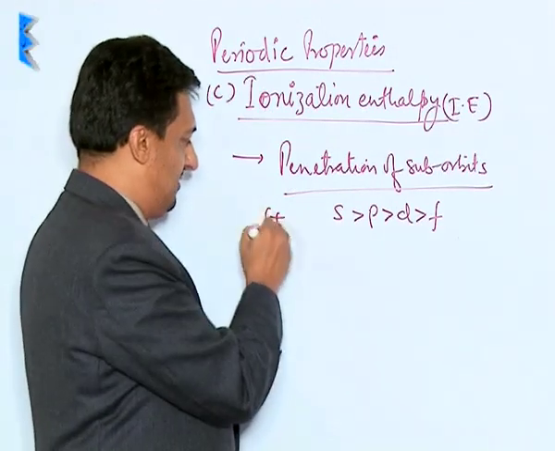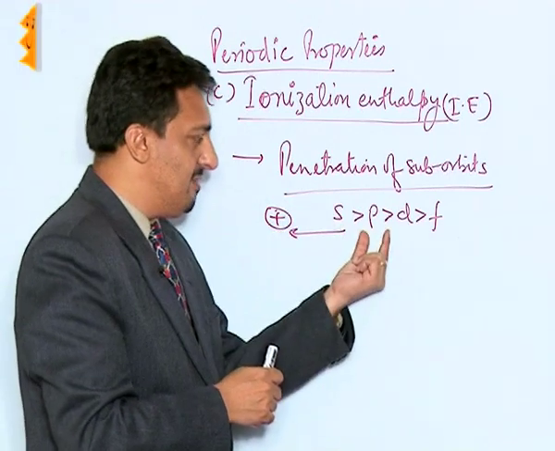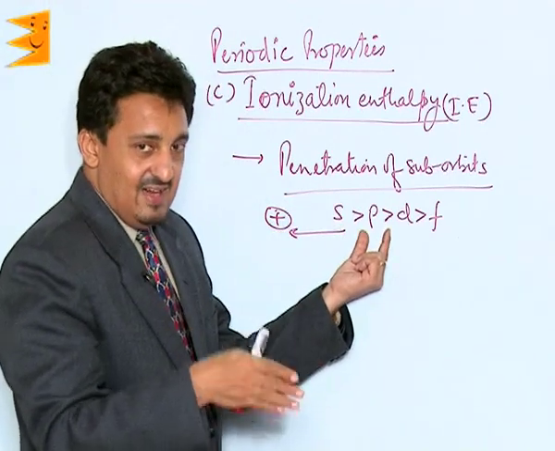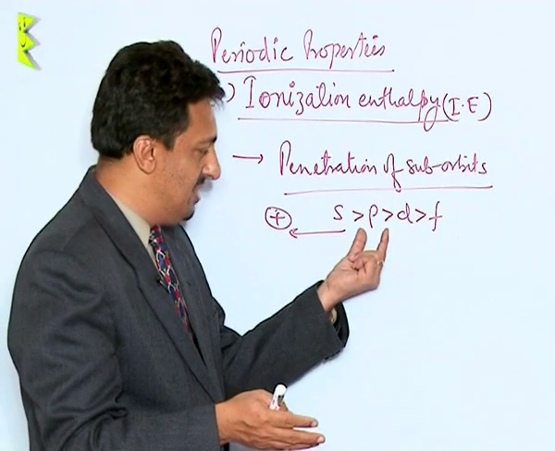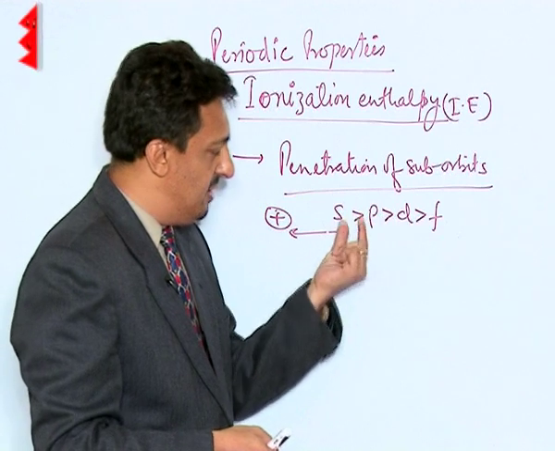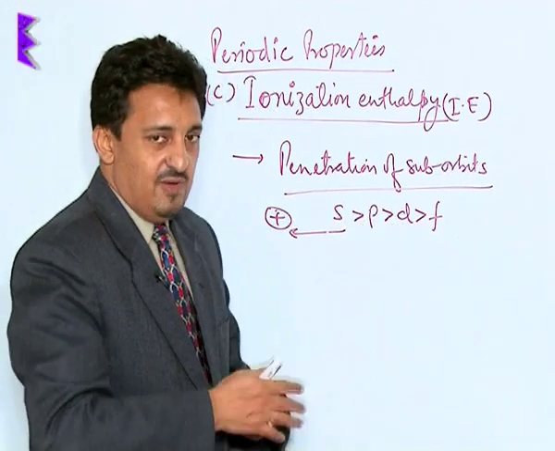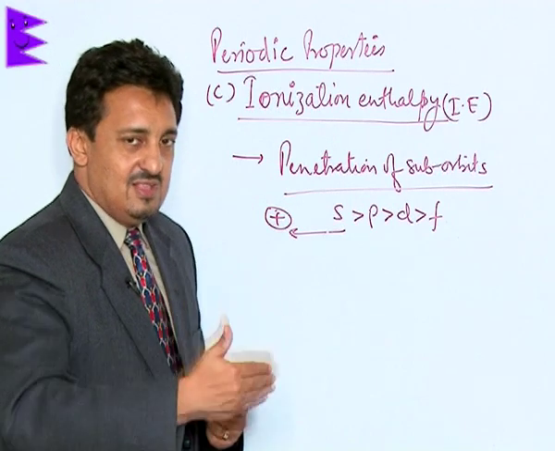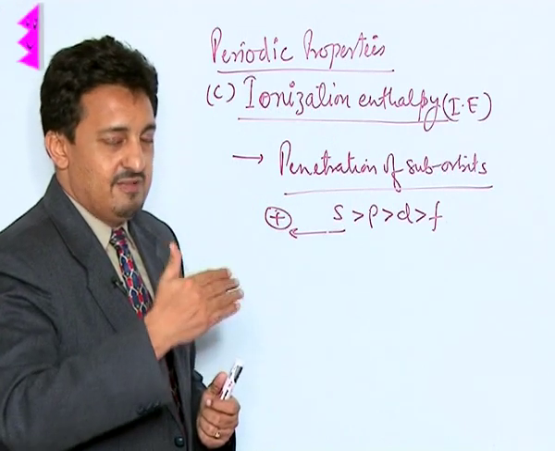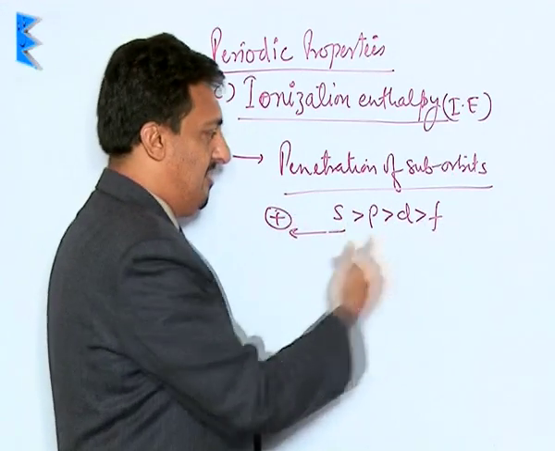So the electrons of the p will have a lesser ionization enthalpy in comparison to the electrons of the s. If we keep going away from the nucleus, like in d and f, the ionization enthalpies keep becoming smaller and smaller. The reason is the penetration power.